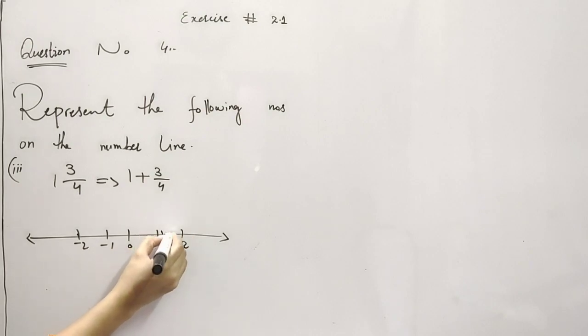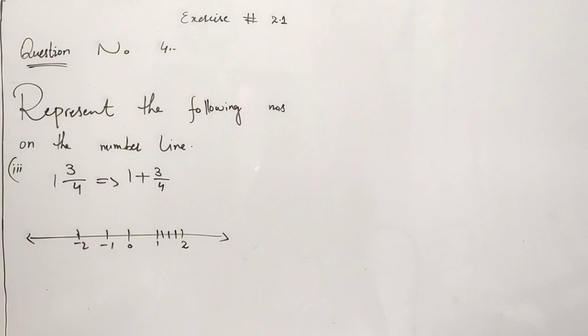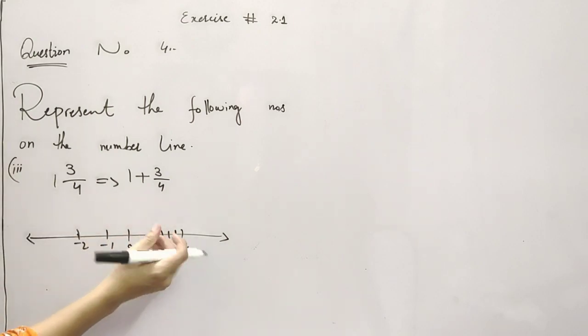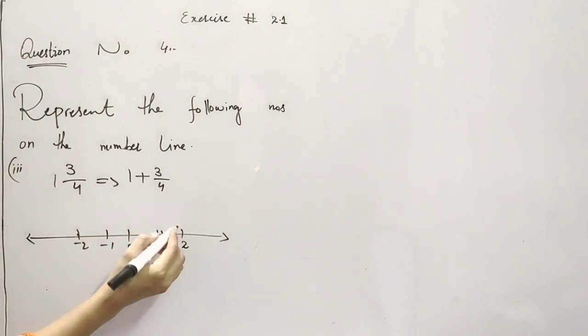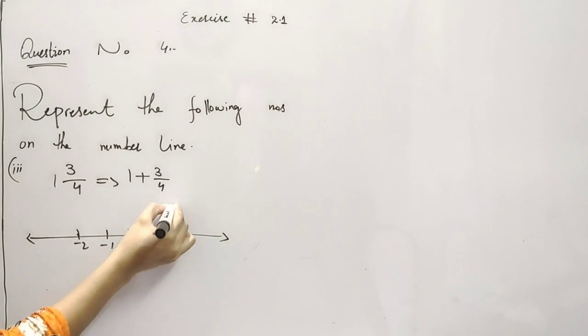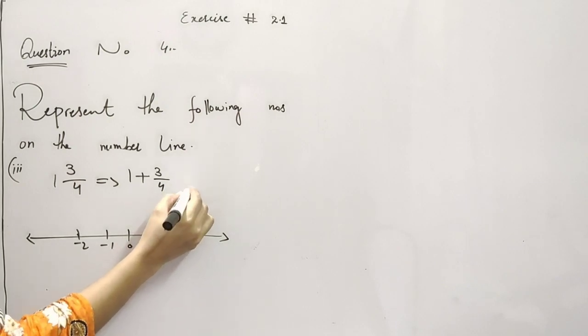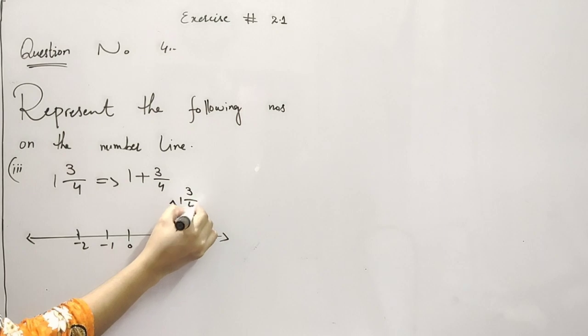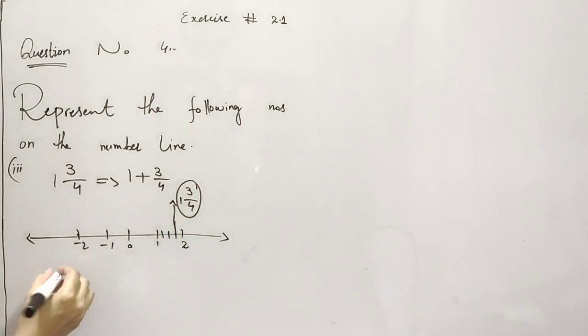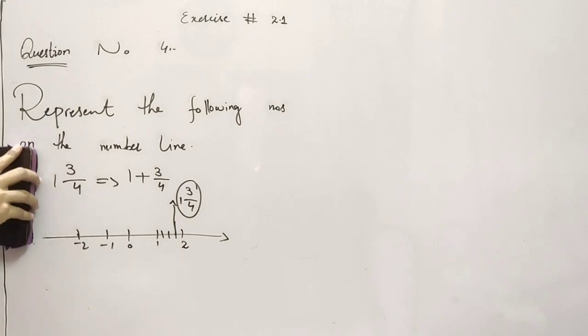So divide the line between 1 and 2 into 4 equal parts, and take only 3 parts. Here 1 whole 3 by 4 is represented. So this is the representation of 1 whole 3 by 4 on the number line.